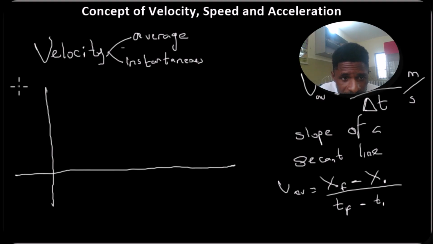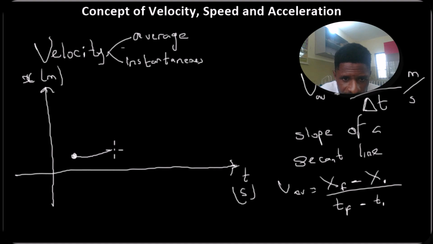So we're looking at how we're changing position with respect to time. So this is my t axis. t is in seconds. This is my x, which is in meters.